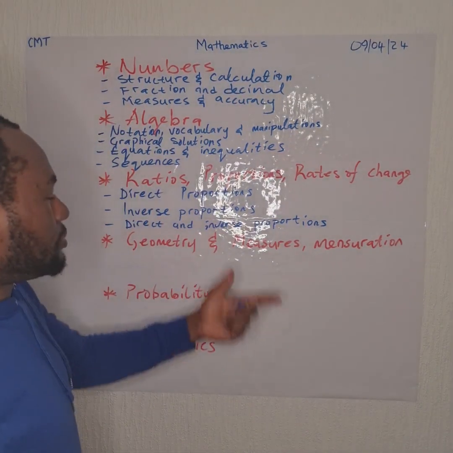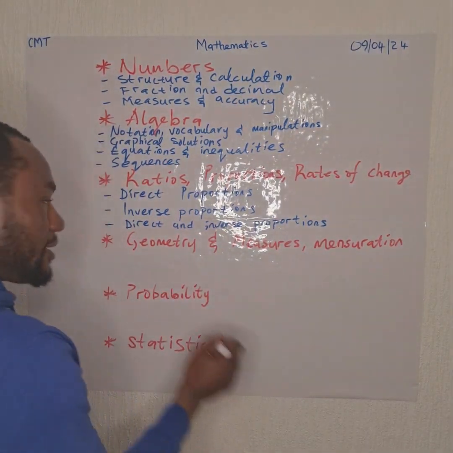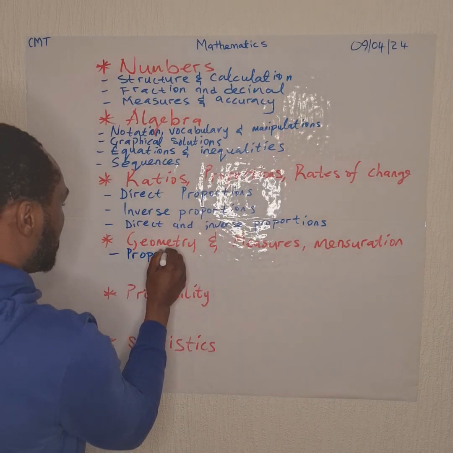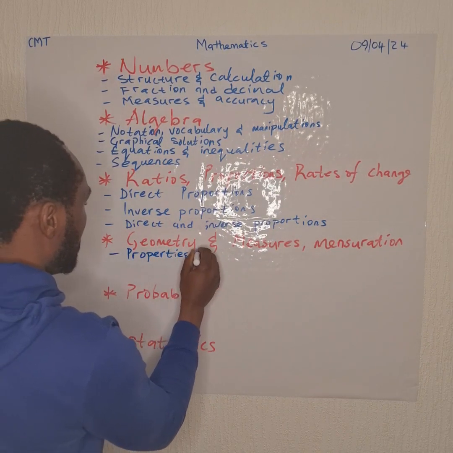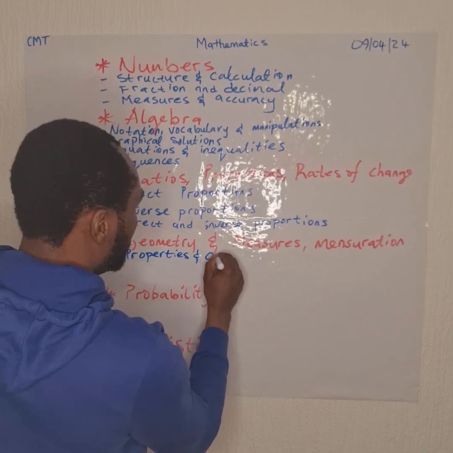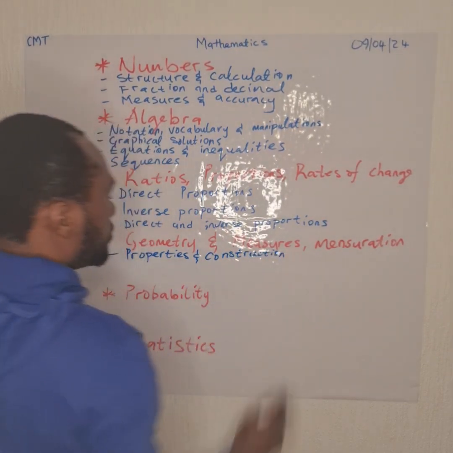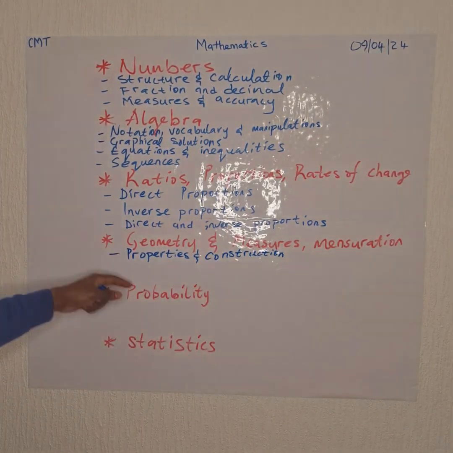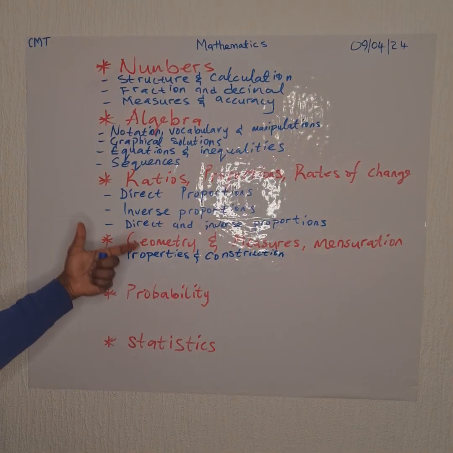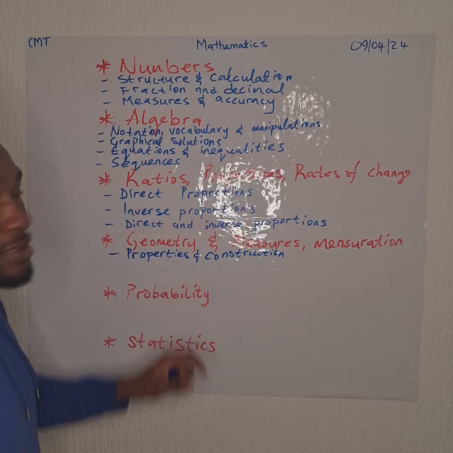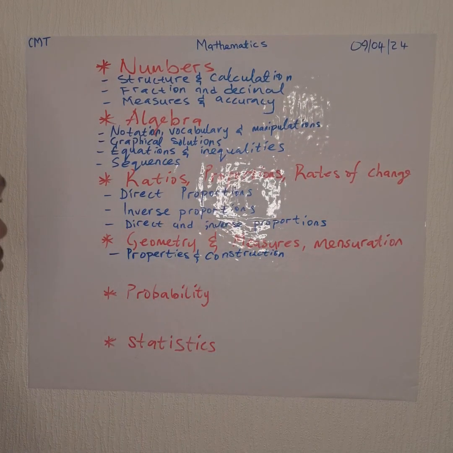Under geometry, measures, and mensuration, we'll be looking at first properties and construction. So when we get here, you need to get your mathematical sets, dividers, compass, and be ready for construction. We're going to break it down.